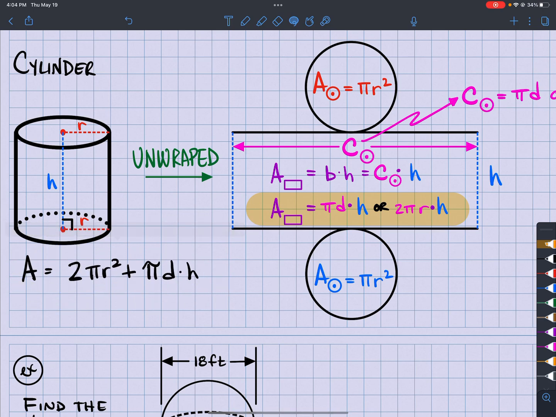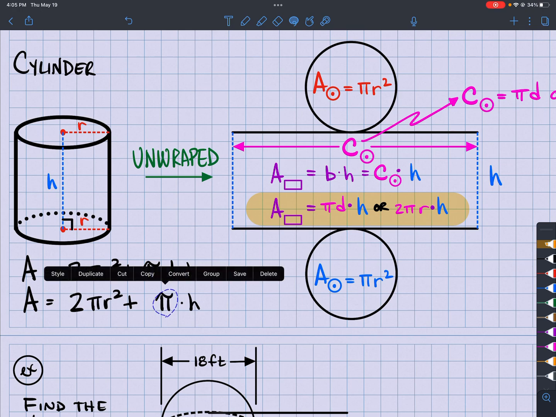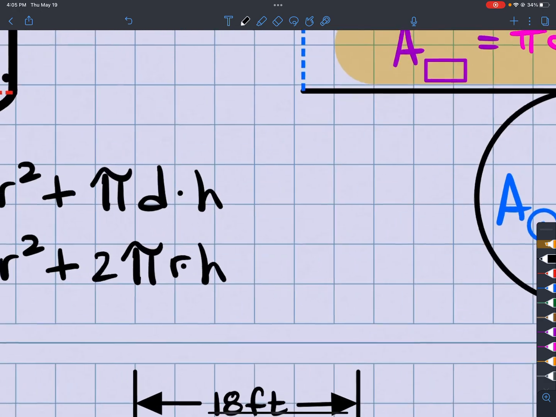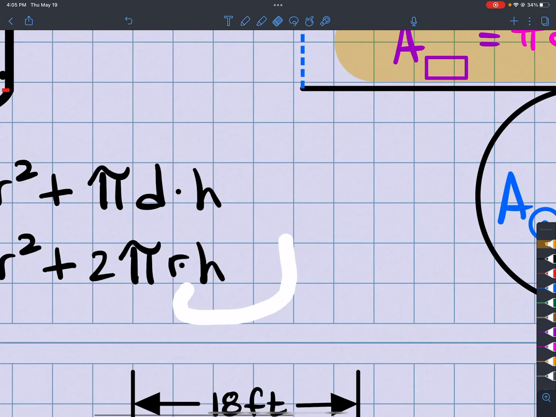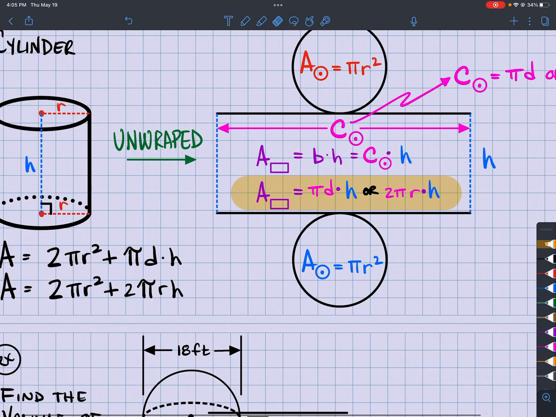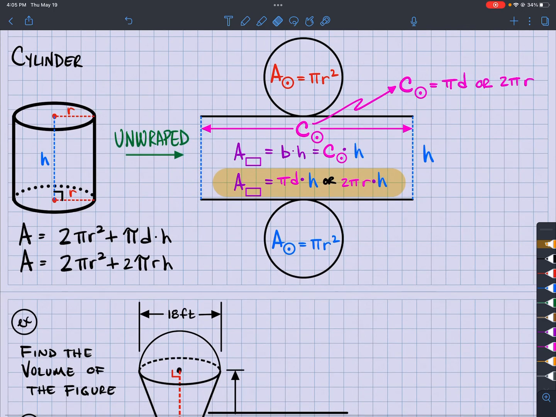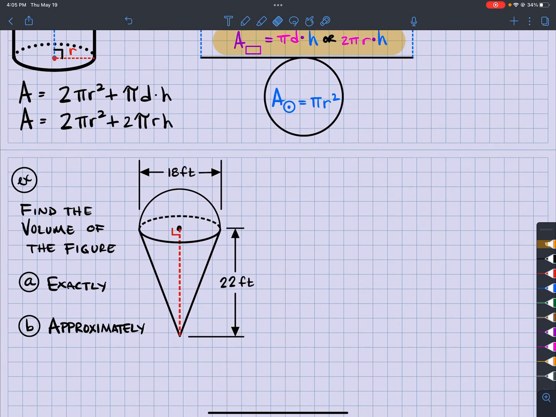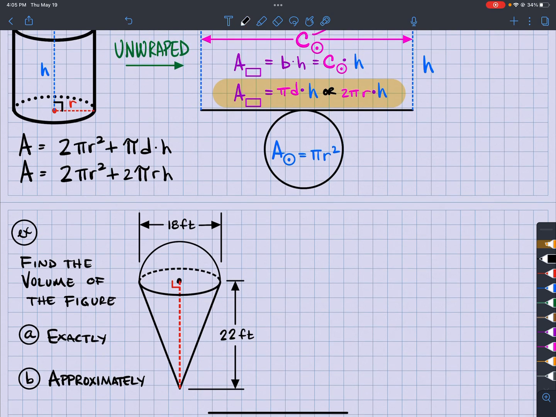Better yet, two pi r times h. There we go. All right. So that would be my so-called total surface area of a cylinder.